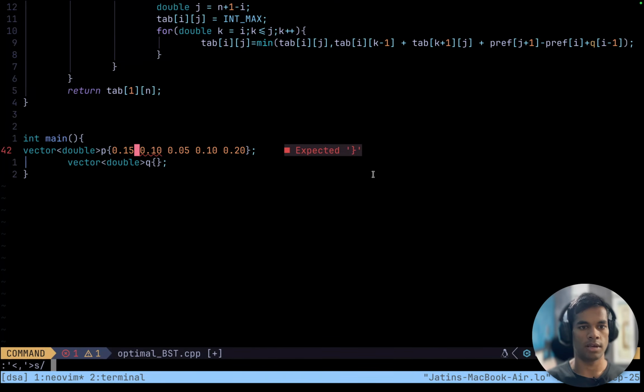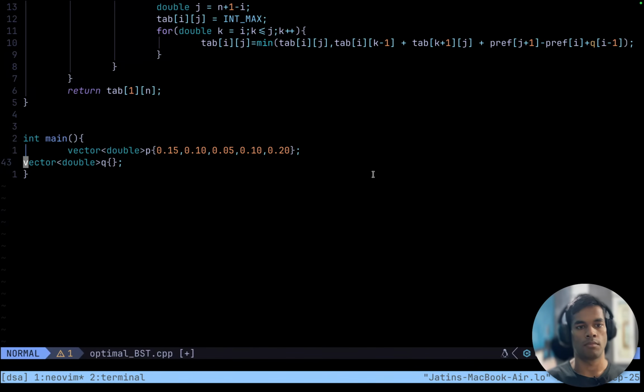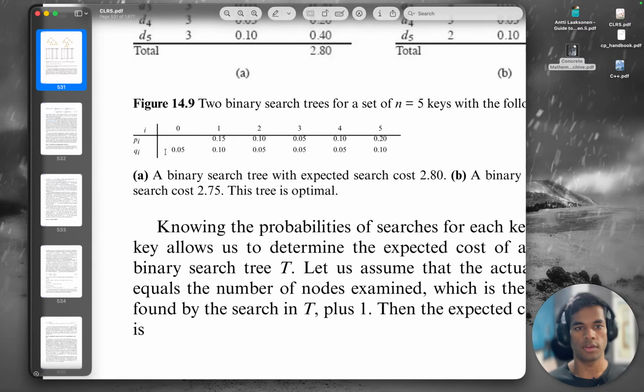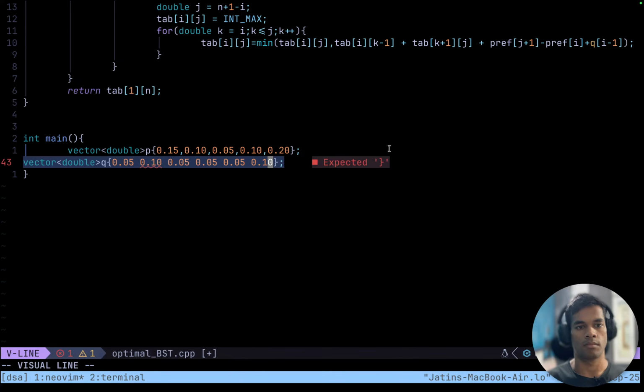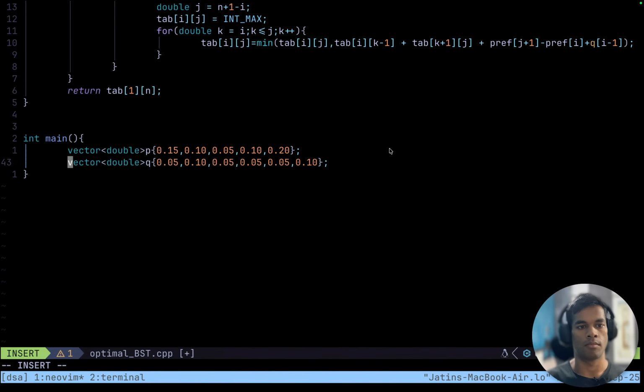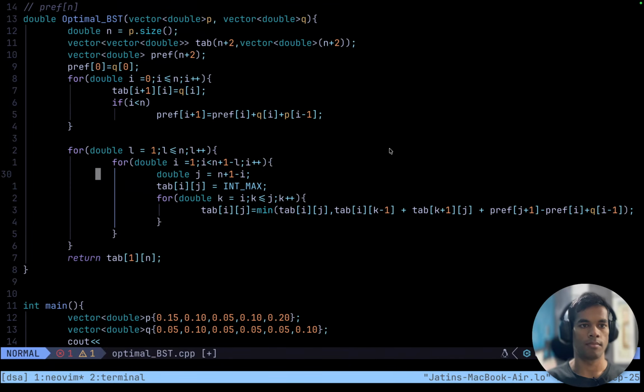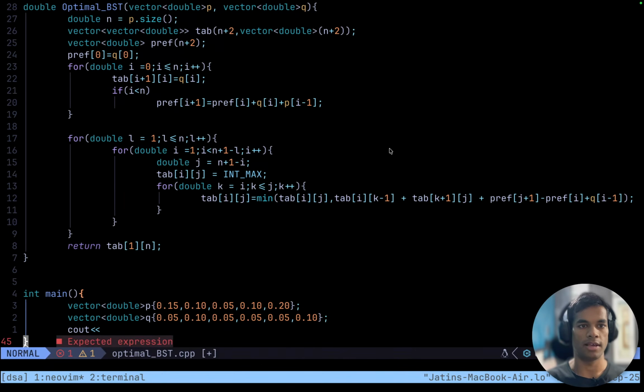Substitute every space with a comma, the whole line. And for this thing, these are the values that we have. Substitute every space with a comma, globally. cout, optimal BST is the function.